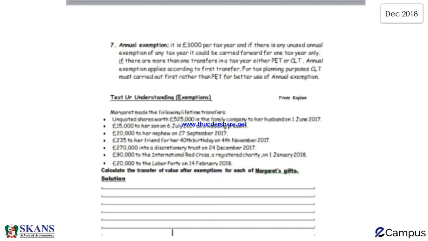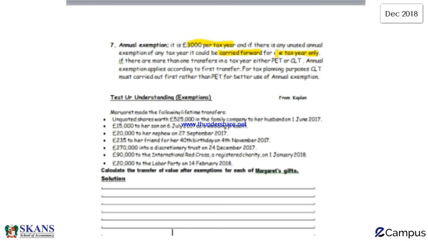Well, the next exemption applicable is the annual exemption. As far as the annual exemption is concerned, that is £3,000 per tax year. But in IHT, we have a facility that we can carry forward the unused exemption of the previous tax year, and we can carry it forward for just one tax year.